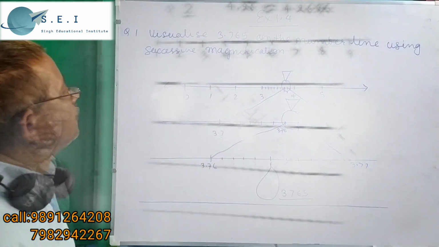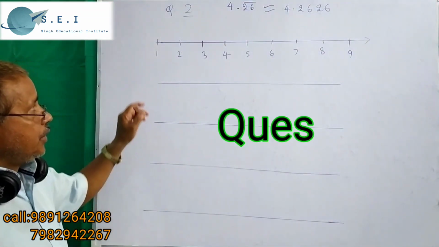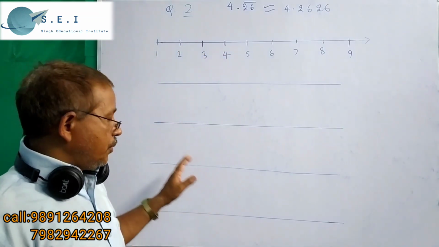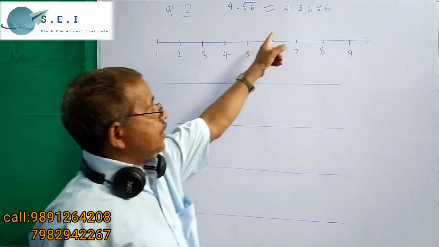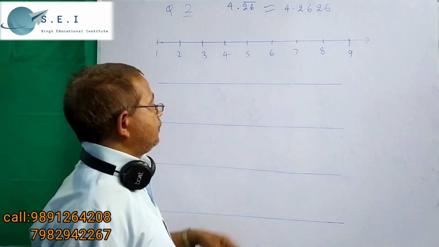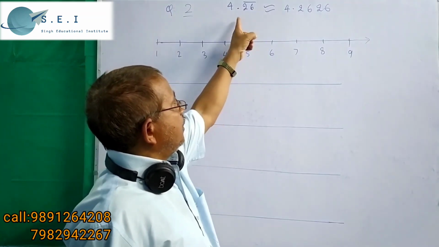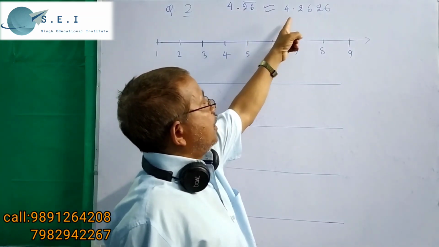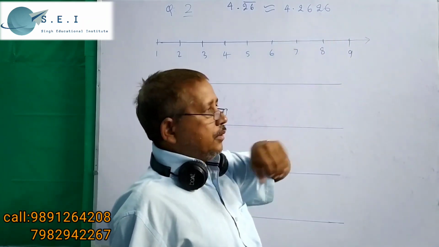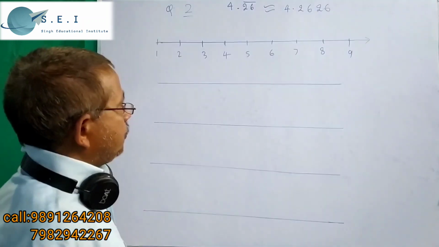Question number 2 from exercise 1.4 is: visualize 4.26 up to 4 places of decimal by successive magnification. So we write 4.26 up to 4 places of decimal by repeating 26 two times.